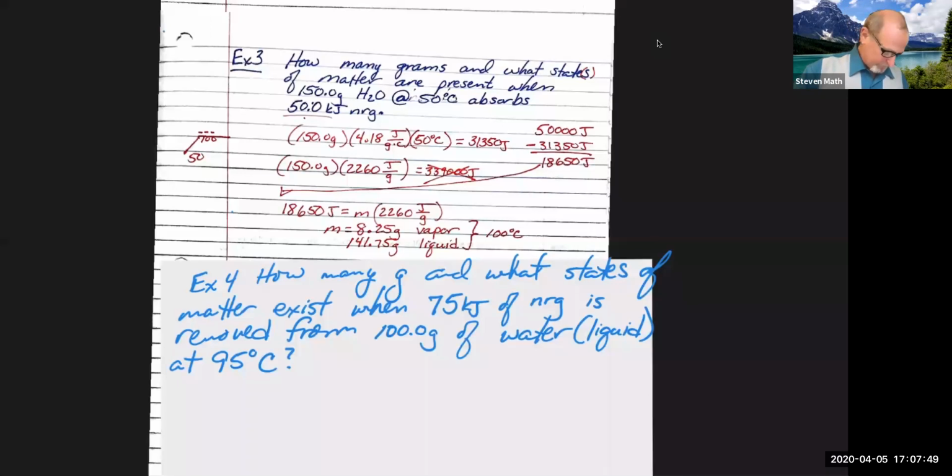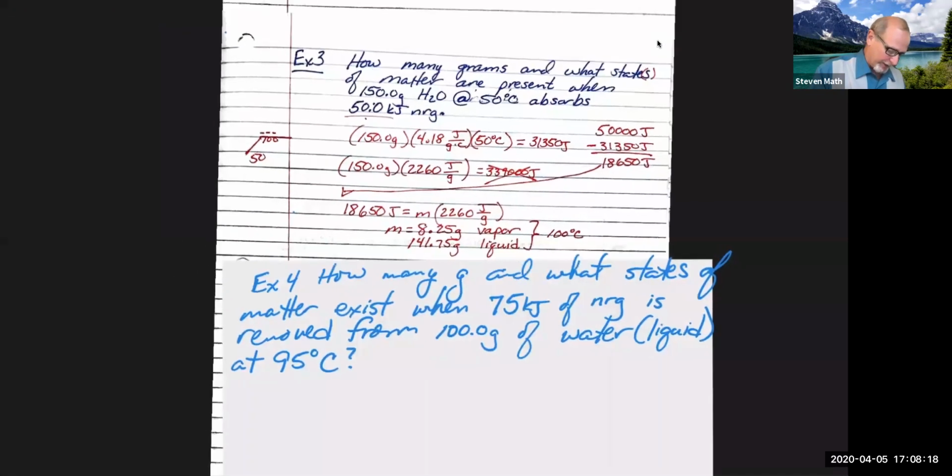So in the third example here, we have how many grams and what state of matter are going to be present when 150 grams of water at 50 degrees, so pretty warm water already, absorbs 50 kilojoules of energy. Well, that's why we start out with our graph that's over here, off to the side.